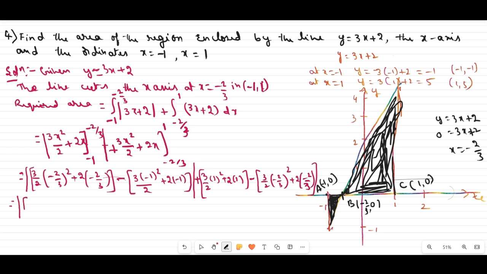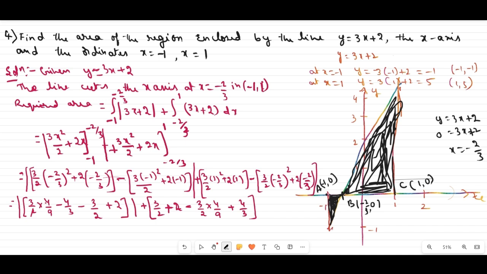So what it becomes actually, 2 square is 4. 3 by 2 into 4 by 9 minus 4 by 3 minus 3 by 2 plus 2, plus 3 by 2 plus 2 minus 3 by 2 into 4 by 9 plus 4 by 3.